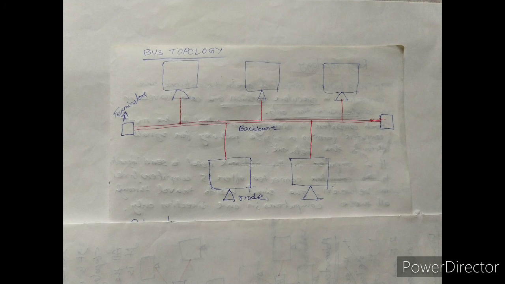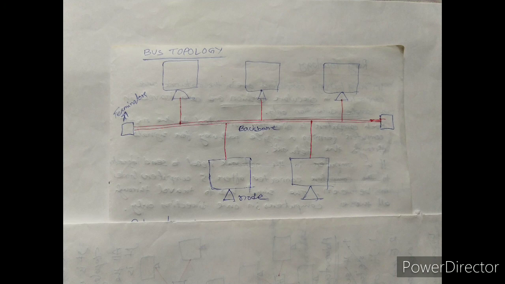When one of the nodes has to send some information to any other node, what will it do? It will send the signal, or the information, through the entire length of the backbone.